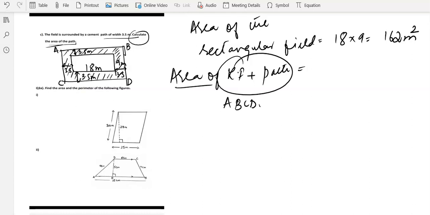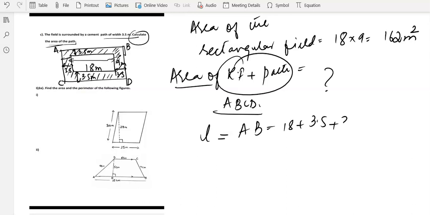In order to find the area of the big rectangle ABCD, we have to find the length first. As we know, the length of the small rectangle is 18. The width of the path on both sides is 3.5 and 3.5. So the length AB will be 18 plus 3.5 plus 3.5, 18 plus 7, and it's 25 meters.